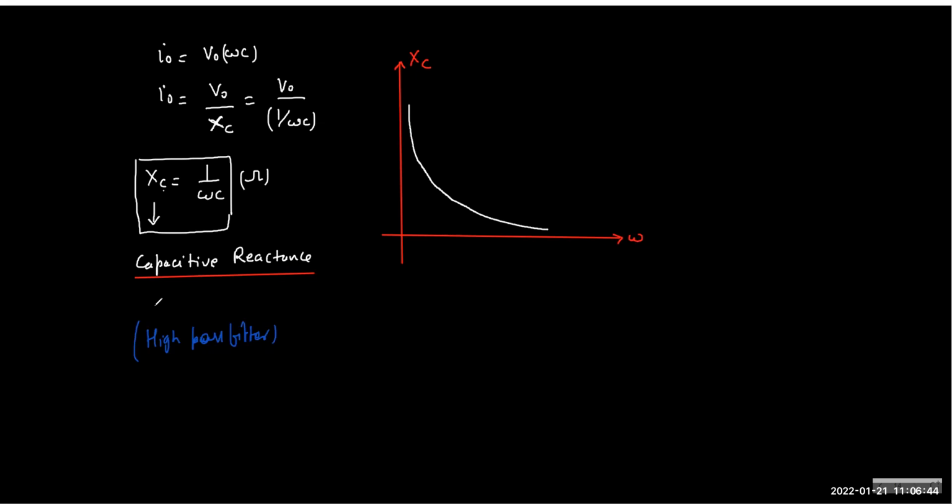In a sound system, we have two things: one is called the treble, and the other is the bass. So what is treble? Treble is basically a high pass filter. If you increase the treble, it means the higher frequency will come out of the sound system and the lower frequency will be suppressed.